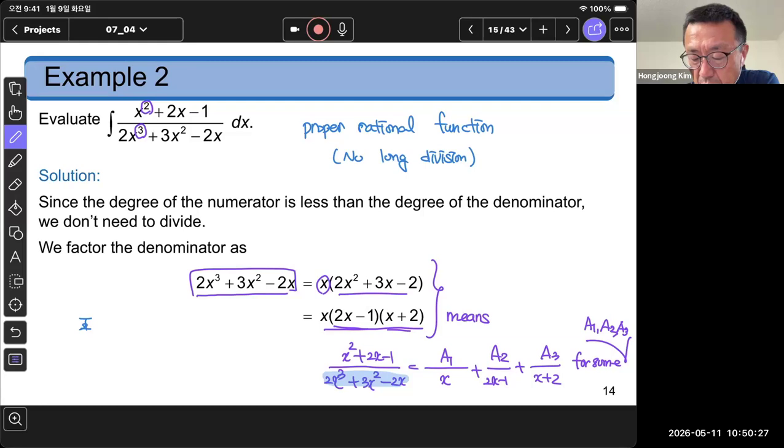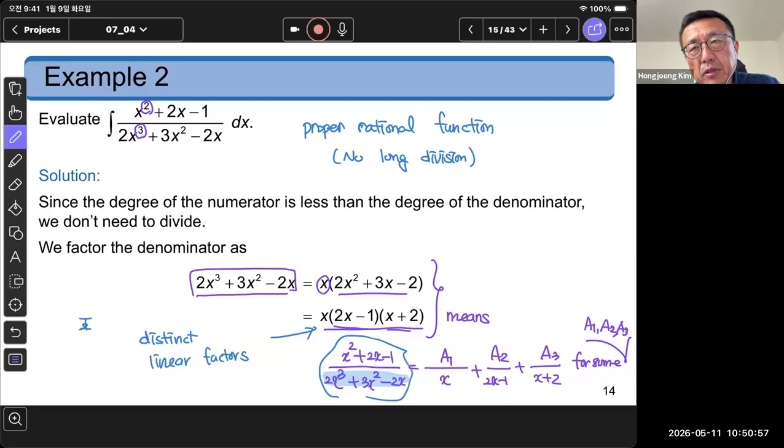Now, in this case, your denominator is split into the product of distinct linear factors, right? So these are all distinct linear factors. In that case, you need to put this rational function as the sum of those three partial fractions.